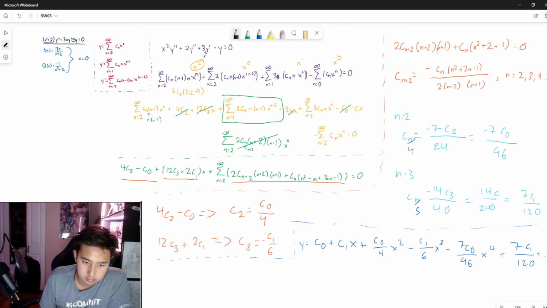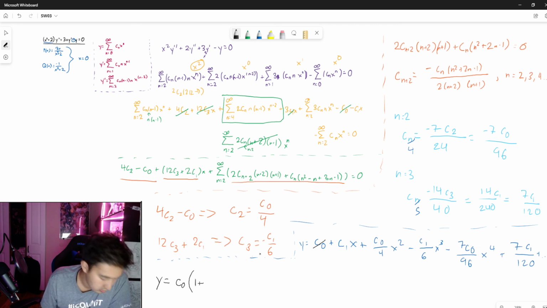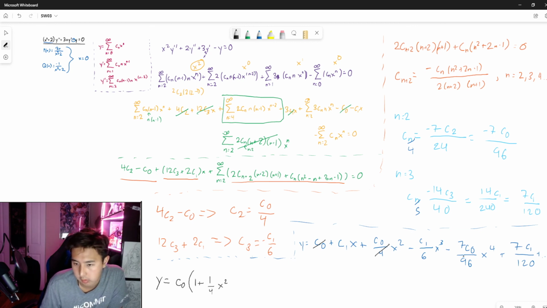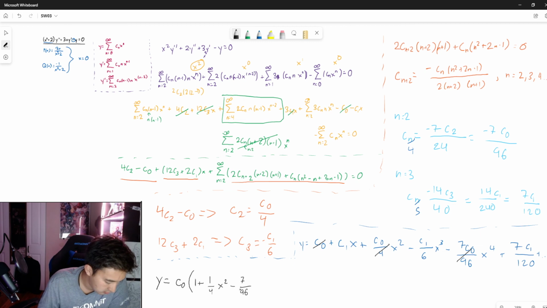So we take all the terms, so we have y equals C0, and in parentheses we can put in 1, plus 1 over 4 x squared, minus 7 over 96 x to the fourth.